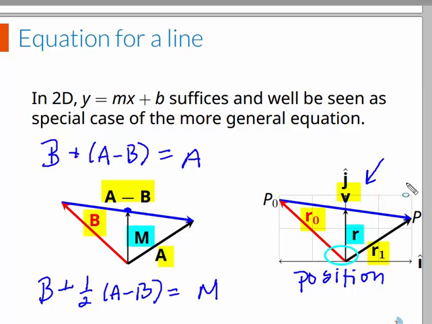So instead of writing v down here, coming off the origin, like r0, r, and r1 are, we treat it instead as a general vector, and we place it between P0 and P1 for convenience.